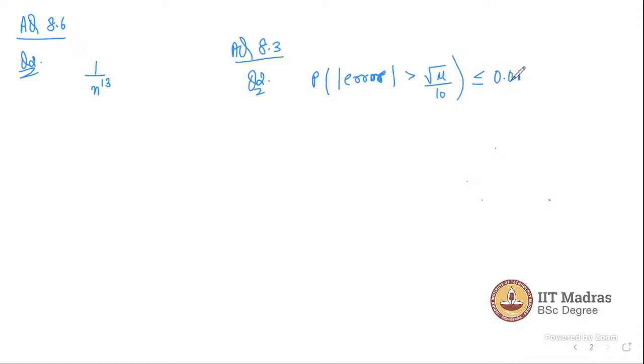Is this the problem? And you have mu hat to be x1 up to xn by n, and all these samples are coming from Poisson mu, IID Poisson.